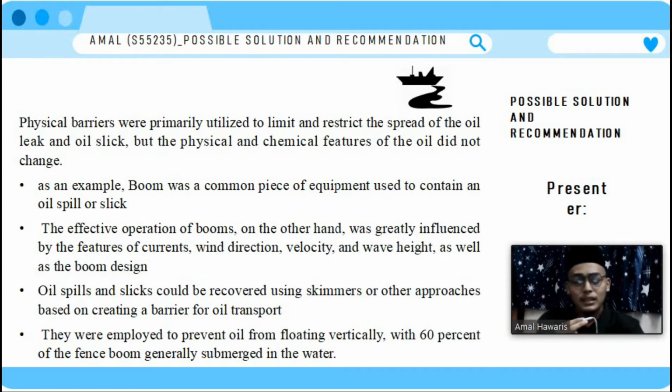Oil spills and slicks can be recovered using a skimmer or other approaches based on creating a barrier for oil transport. They are employed to prevent oil from floating vertically, with 60% of the boom generally submerged in the water.